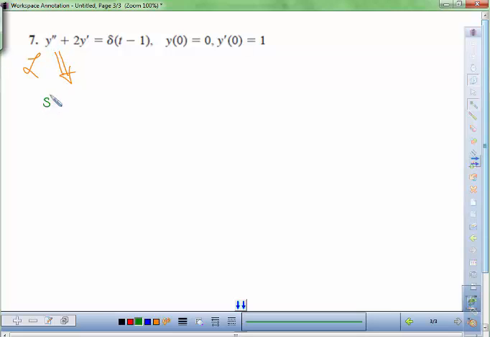So that would be s squared Y of s minus s y of 0 minus y prime of 0. Is it y or y prime? Right?